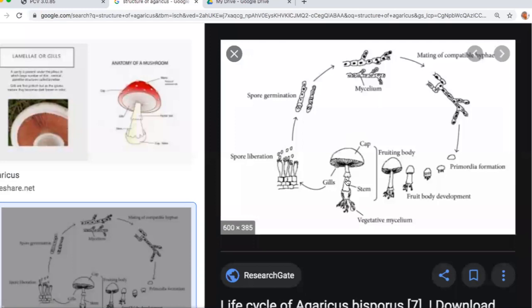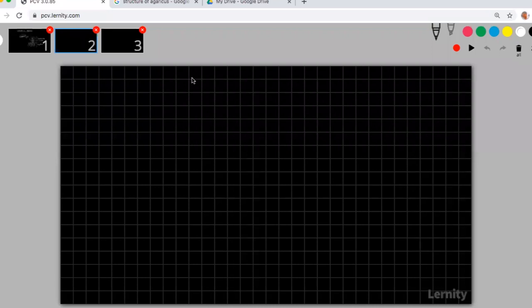This Agaricus will release this. It will try to liberate, and it will form a germination. They will not reproduce by fragmentation. They will reproduce by asexual cycle or sexual cycle.